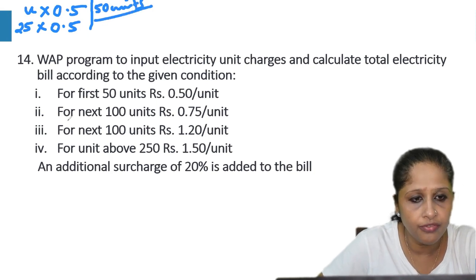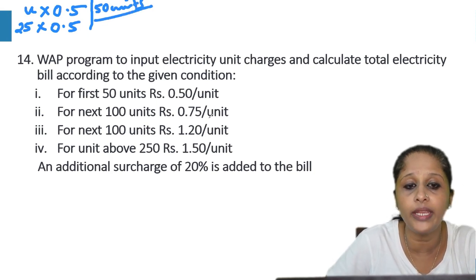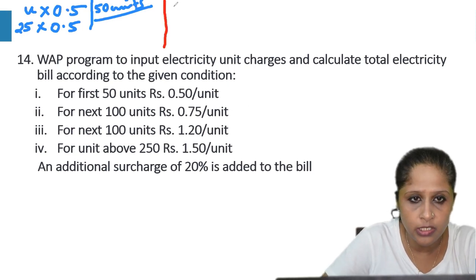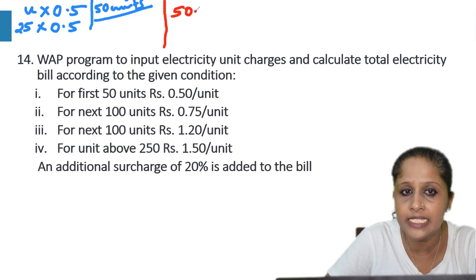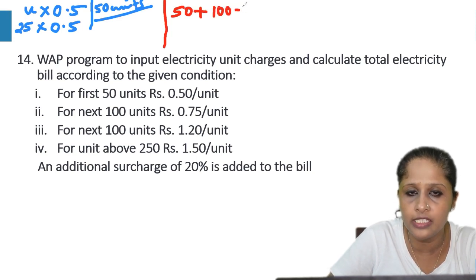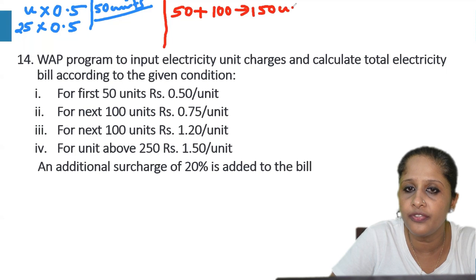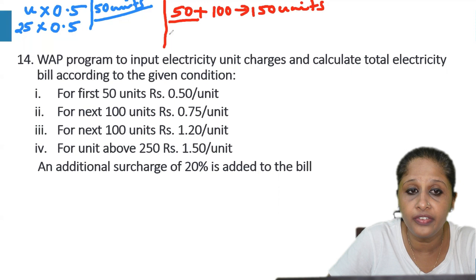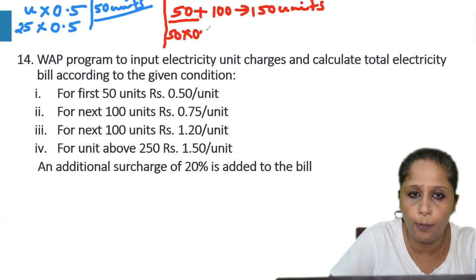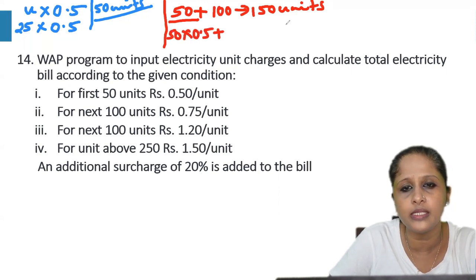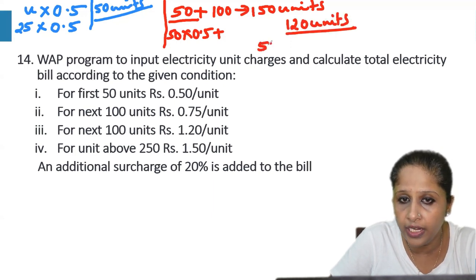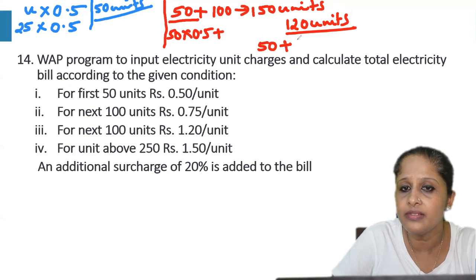Then we have, for the next 100 units, rupees 0.75 per unit. That means we already have these 50 units plus the next 100, so the maximum is 150 units. For 50 units it is 50 into 0.5. Suppose the user is consuming 120 units. So 50 units plus 70 units gives 120 units.